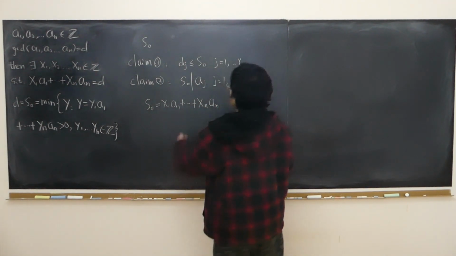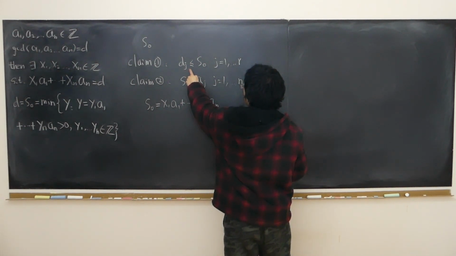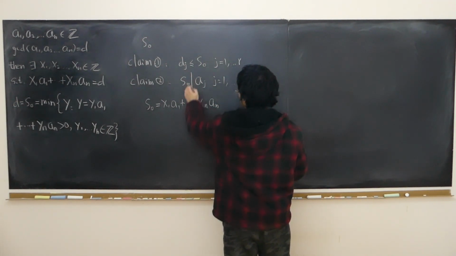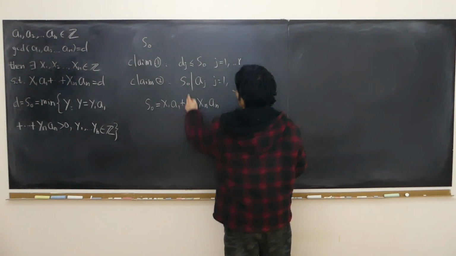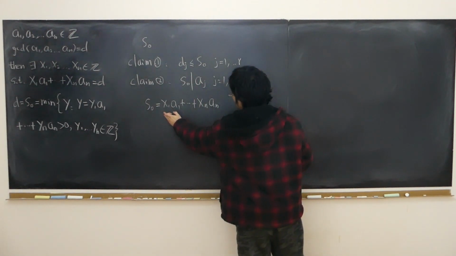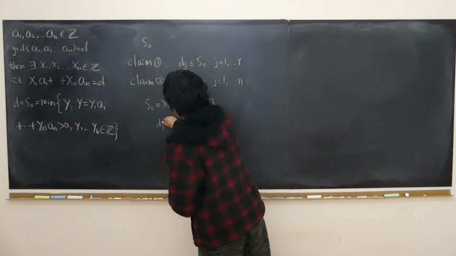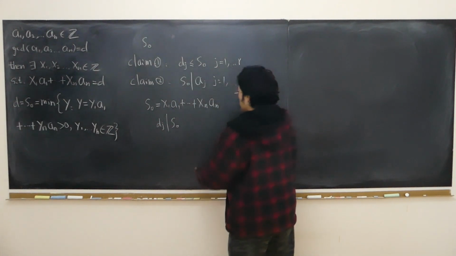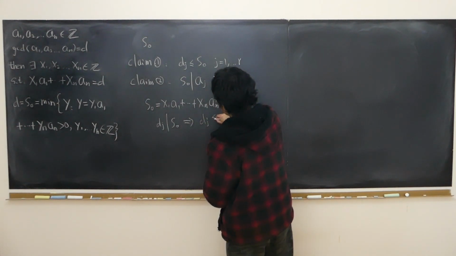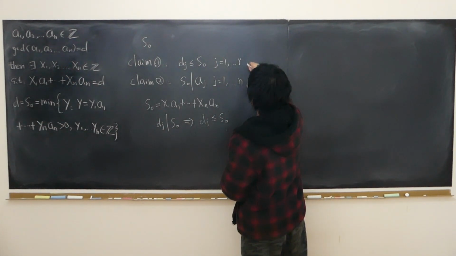Then I want to show dj actually divides S0. Because first of all, dj is a common divisor of a1 all the way up to an. Therefore, dj divides a1, dj divides a2, all the way up to dj divides an. So obviously, dj divides the linear combination. So dj divides S0. So since dj divides S0, it's easy to see that dj is no larger than S0. That is obvious. So claim number 1, proven.